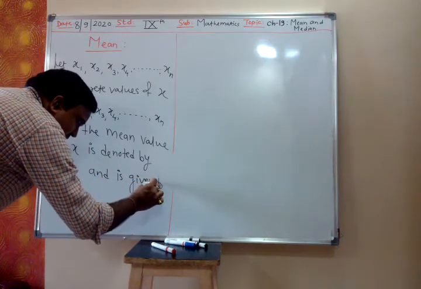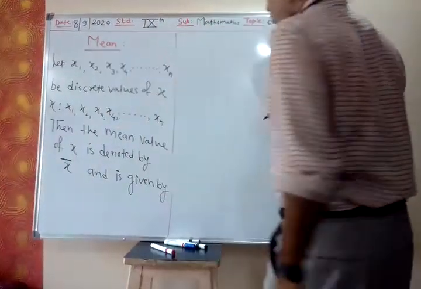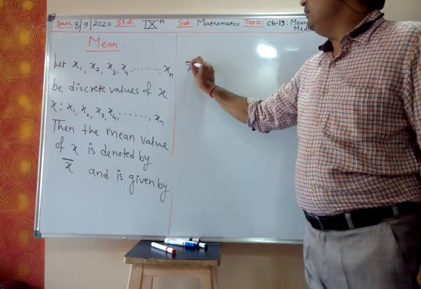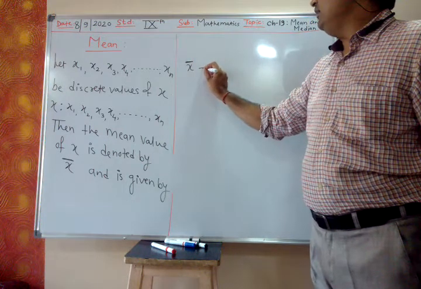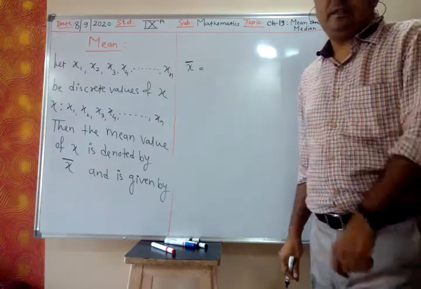How do we calculate the mean value x bar? To find the mean value of x, we add all the values of x.